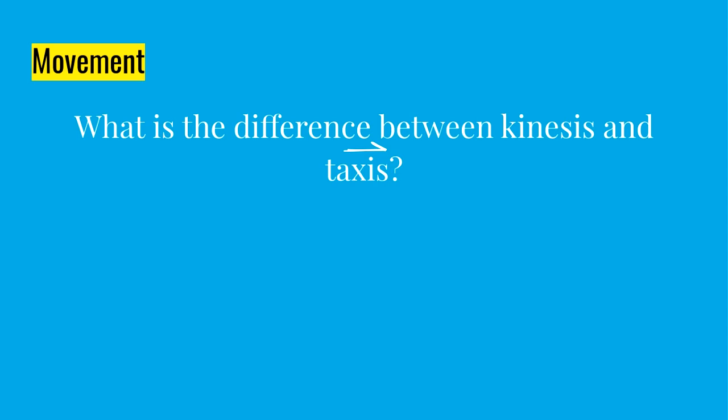Kinesis would be the organism doesn't have food, so it's just going to start running around until it gets to somewhere with food, and then it's going to slow down and eat. Water is a better example with kinesis. Let's think of an organism scuttling around in the dry areas until it finds water, and then it slows down and just moves around soaking up that water.